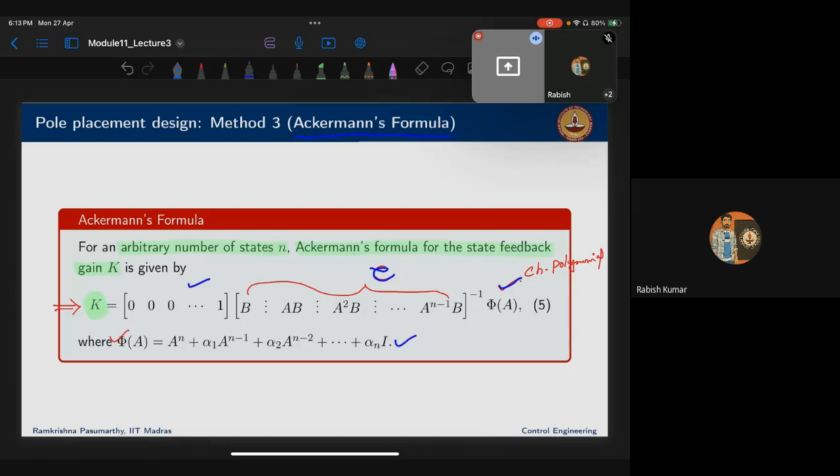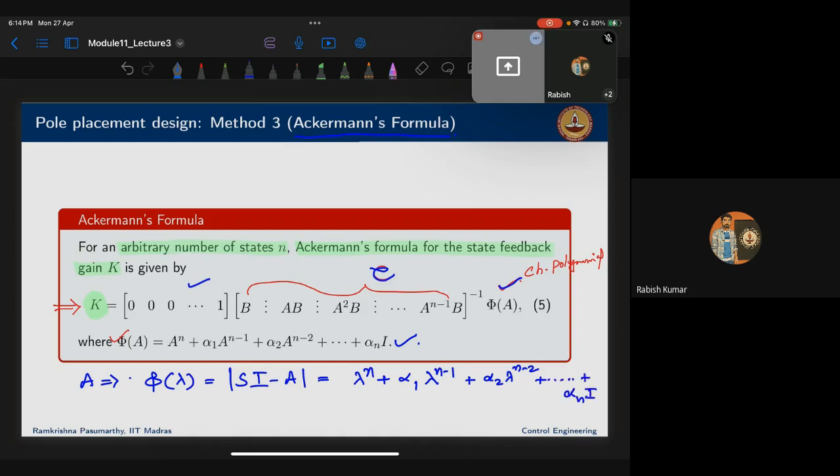So the only thing you need to find is pi of A, the characteristic polynomial. First, given the A matrix, find its characteristic polynomial, that is pi of lambda, which is the determinant of lambda I minus A. You will get lambda to the power n plus alpha 1 lambda to the power n minus 1, plus alpha 2 lambda to the power n minus 2, and so on, up to alpha n.